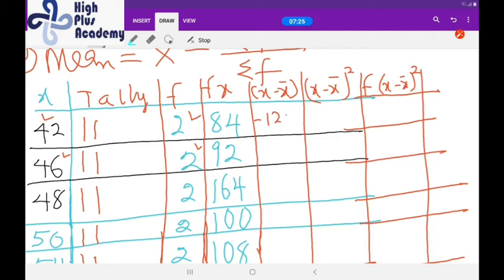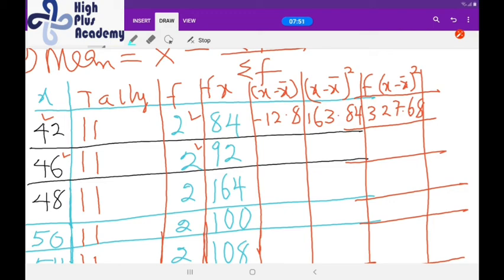Then square this, and that gives 163.84. Immediately times f, times 2, you get 327.68.